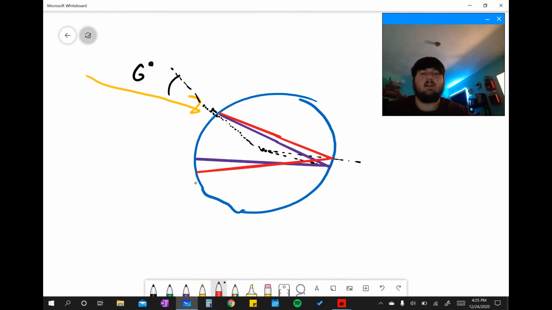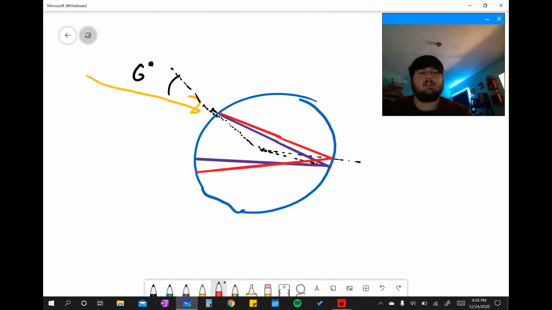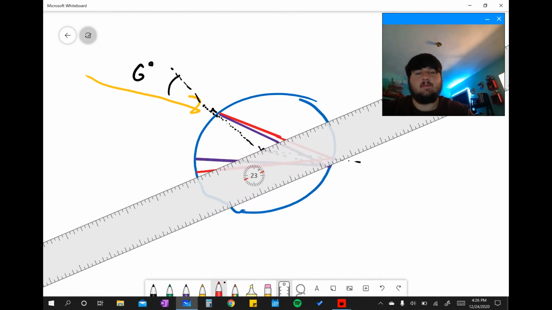And once they get reflected, then they have enough juice, per se, to leave the droplet. Or, not juice. They have an angle of incidence that is lower than the critical angle, so they're allowed to exit the water droplet. So let's just say, well, we've got to draw our tangent now.